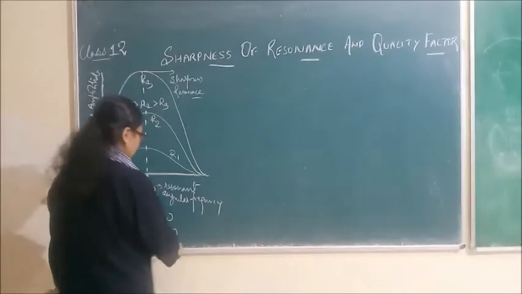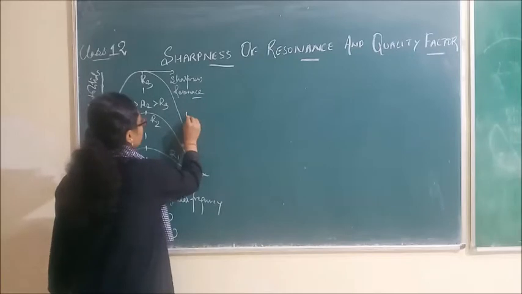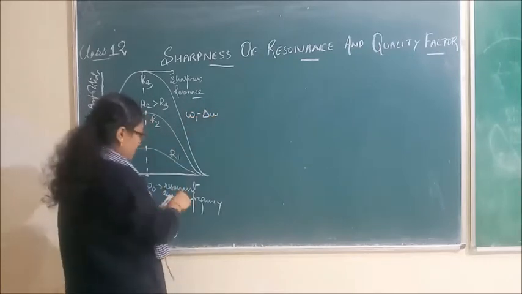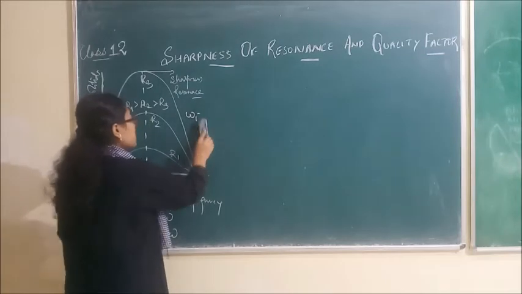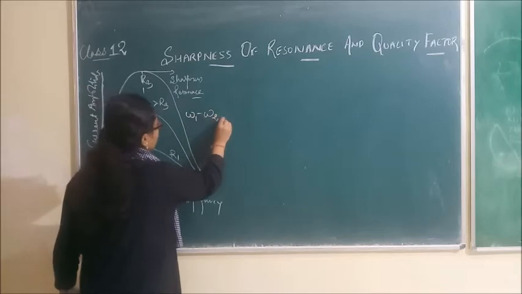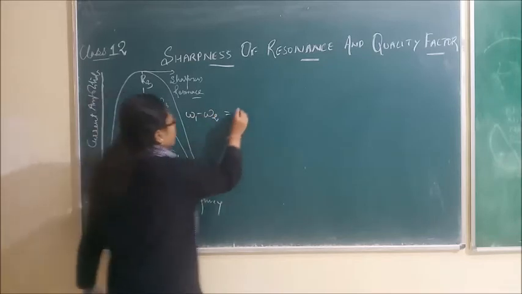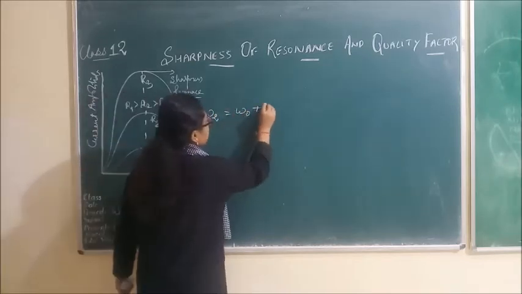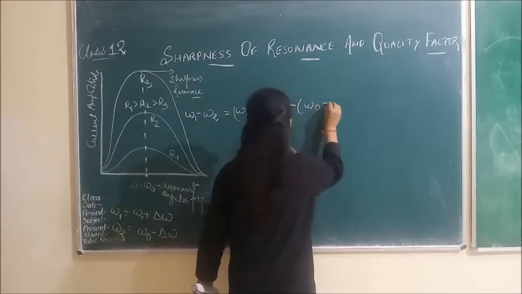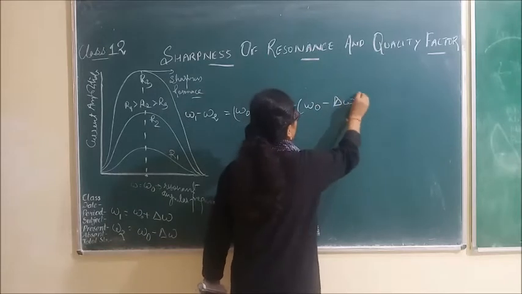If I subtract this, I am getting the value of omega. I will explain this directly, then we will rub it, and I will give it to you to copy. Omega 2 is equal to, put the values, omega naught plus del omega minus omega naught minus del omega.